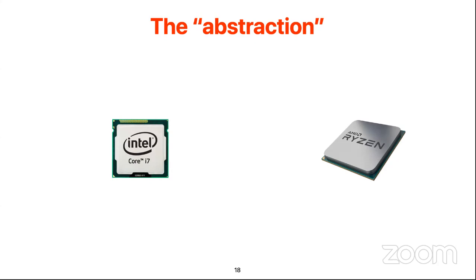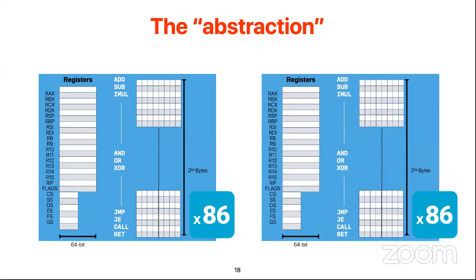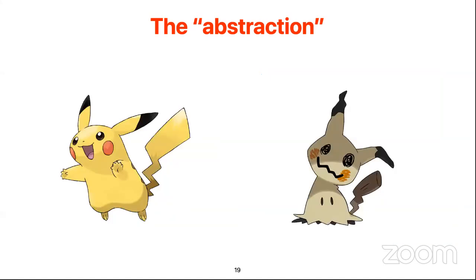When you are writing your program, you are writing it on top of these abstractions. So all you see is an x86 processor, and for Ryzen, it's still an x86 processor. There is no difference between these two. This is the power of abstraction. On the other hand, if you feel like this is still too hard to understand, that's the example I have.